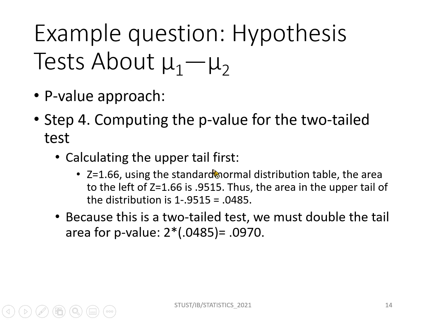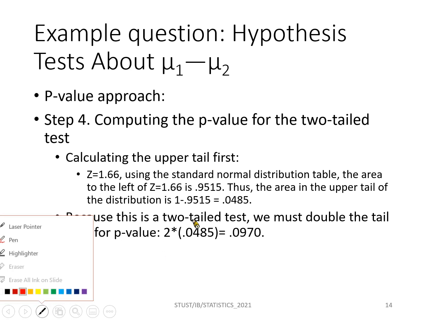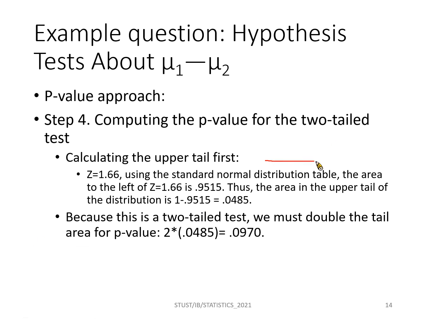When you check the z-value's probability from the z-value table, you will find that for z equal to 1.66, the area to the left of z is 0.9550. So you can use 1 minus 0.9550 to get the upper tail probability.